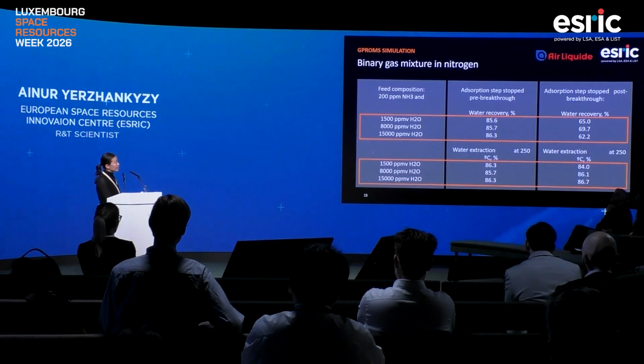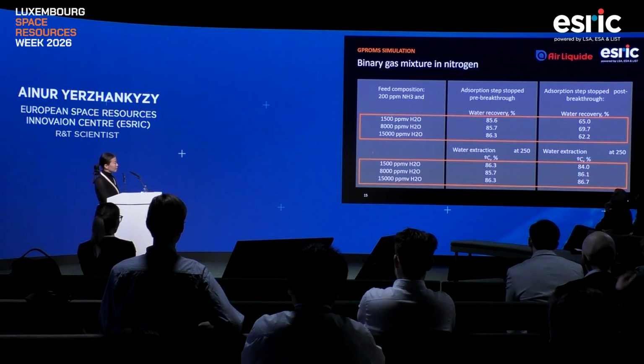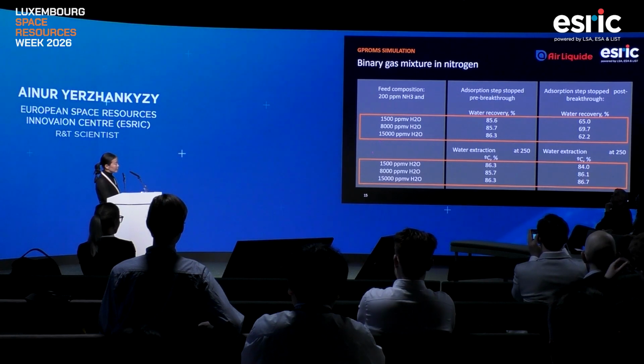When we run the full process, it will be circulating, and not all the volume available on the adsorbents will be available in the next consecutive cycles. However, when we wait until full breakthrough, then we see that we already lose water, and recovery is around 65%, though the extraction efficiency stays around 85%.